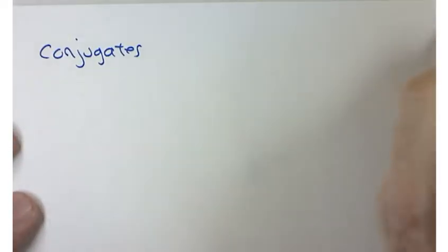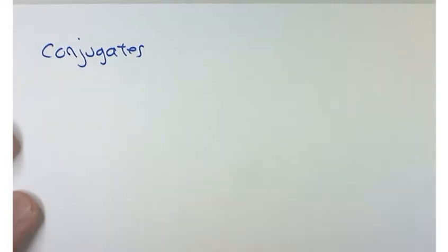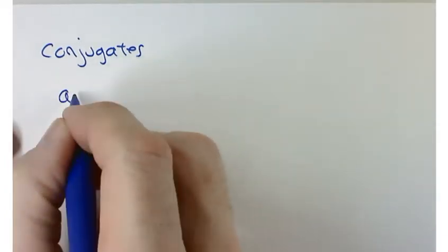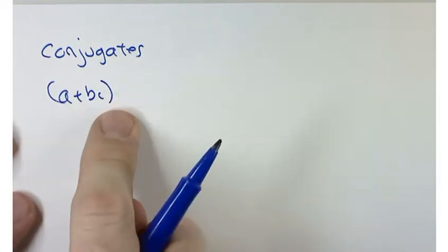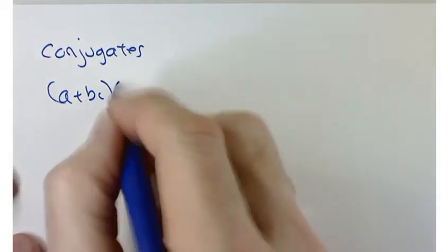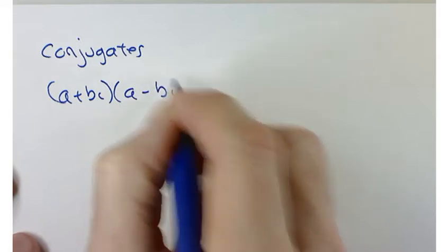Let's do this. Let me introduce something called conjugates. So if I have a number a plus b times i, its conjugate is going to be a minus b times i.